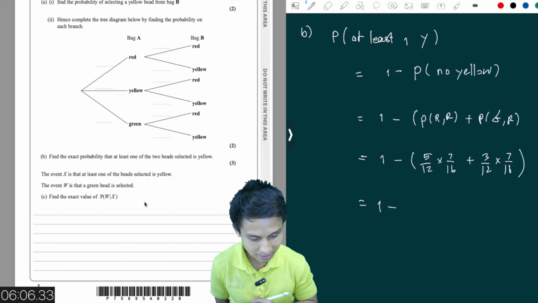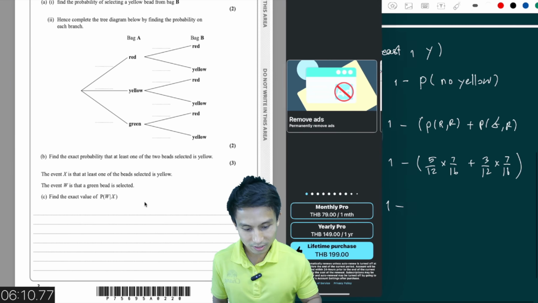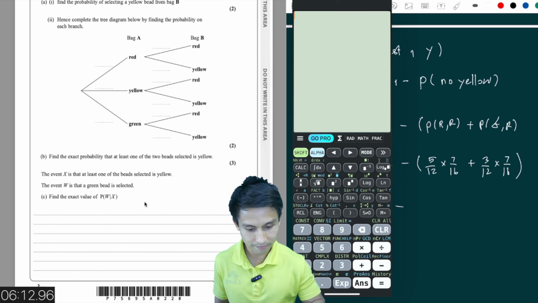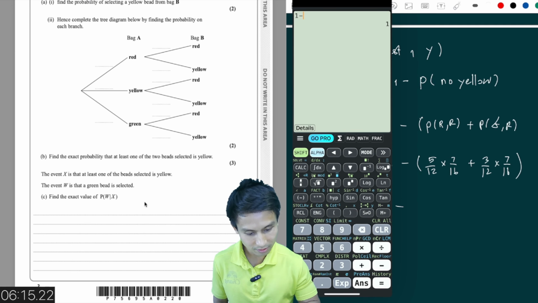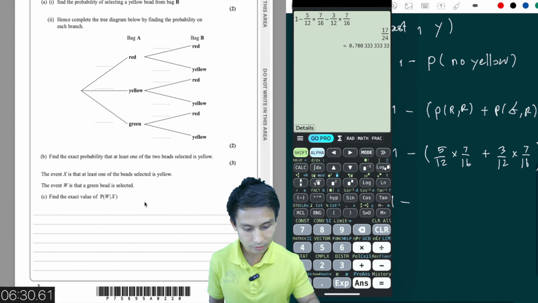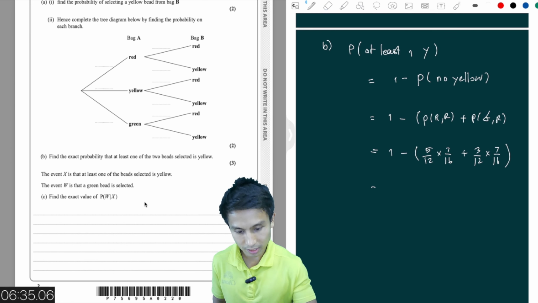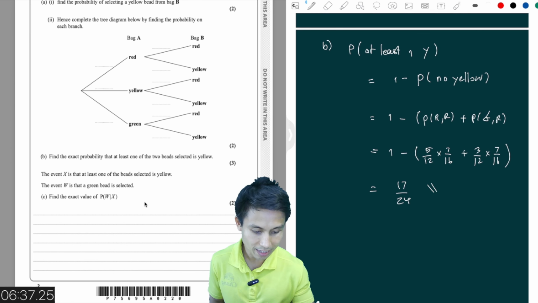Okay, so we do 1 minus. Well, let's use a calculator, might be more convenient. So 1 minus 5 over 12 times 7 over 16. Because I don't put brackets, I need to do another minus 3 over 12 times 7 over 16. So that would be 17 over 24. Yeah? I'm just going to put it as that.